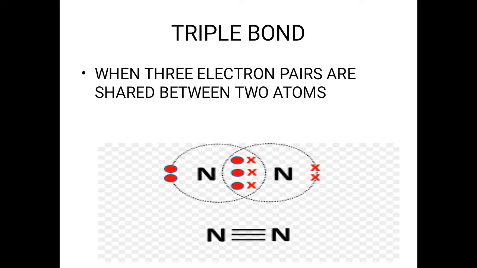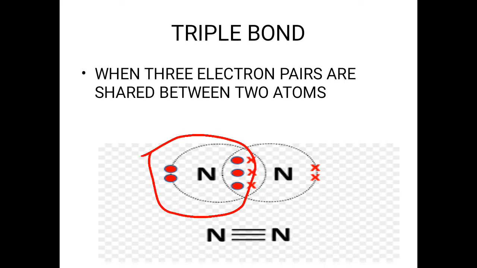Now triple bond. A triple bond will form when 3 pairs of electrons are shared between 2 atoms, such as in a molecule of nitrogen. You see, nitrogen's atomic number is 7, and out of 7 electrons, 5 electrons are present in its outermost shell.